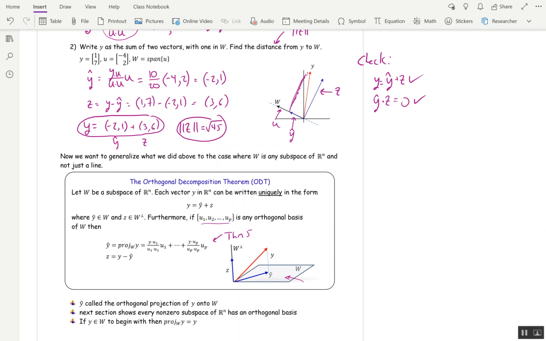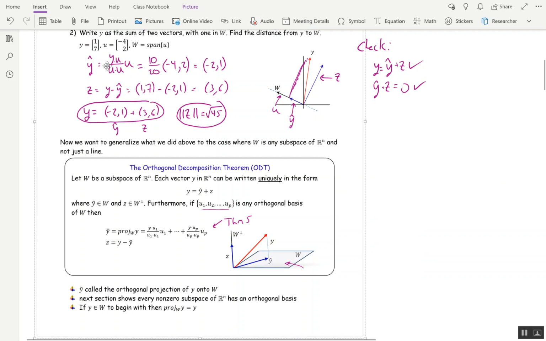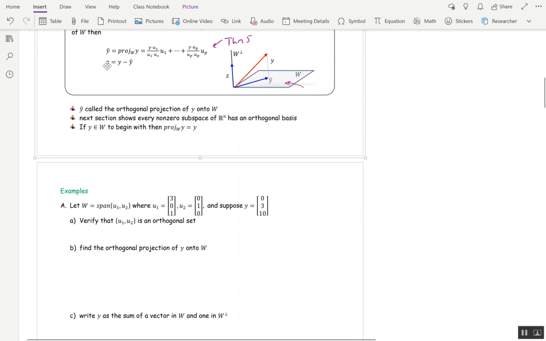All right, so let's give it a try. Next page. Let W be the space spanned by u1 and u2. And we're given a y. And first of all, we want to verify that u1 and u2 form an orthogonal set. So the verification there would just be to take u1, dot it with u2, we should get 0.